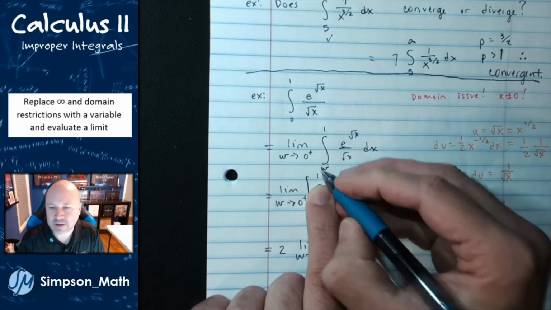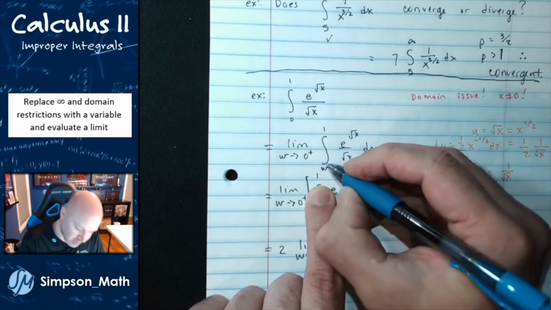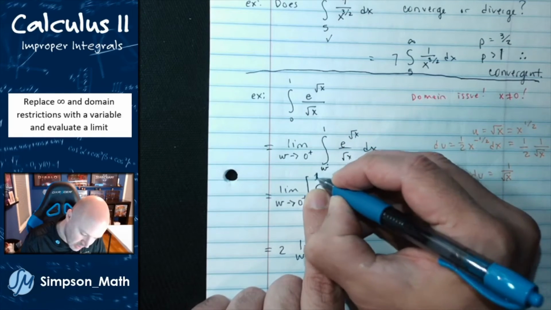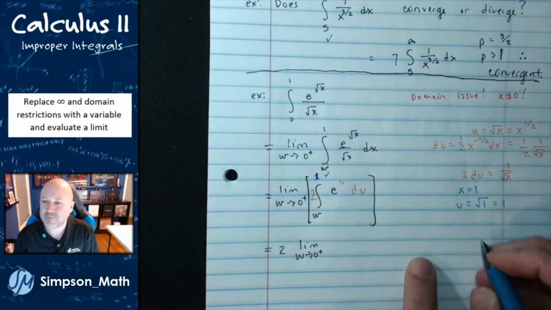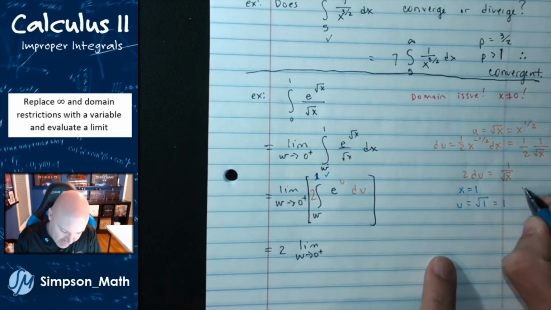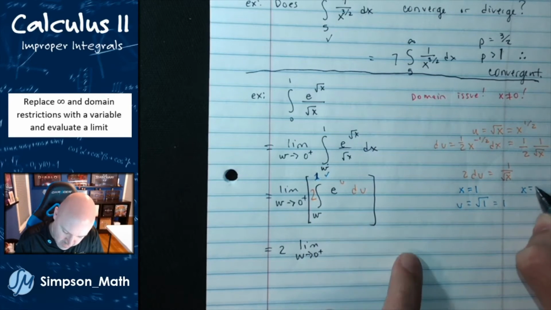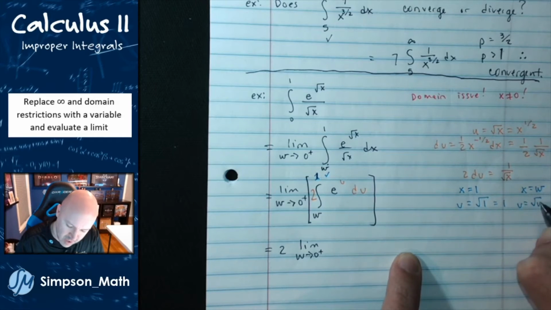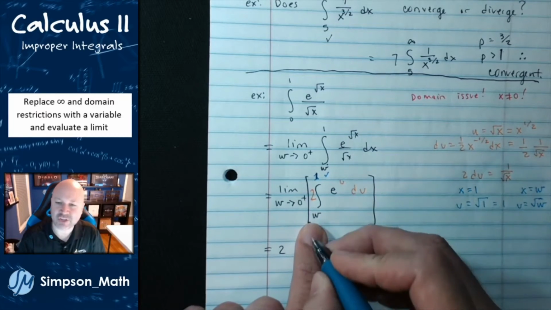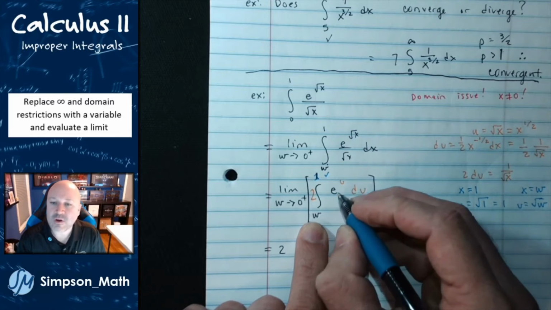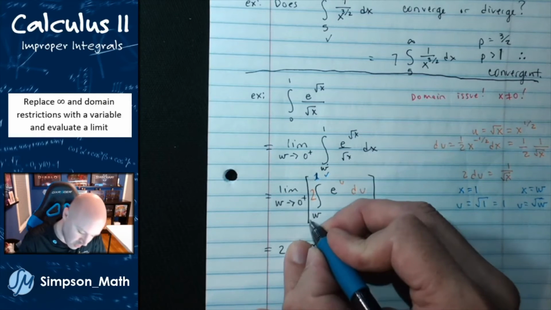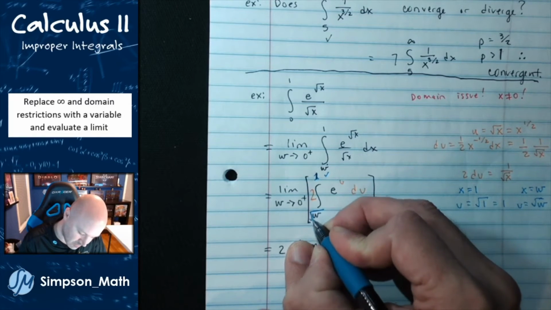So that 1 in x land is also 1 in u land. That's nice. Okay, well, if x is omega, then u is the square root of omega. So I do need to change this one. In u land, this is the square root of omega.